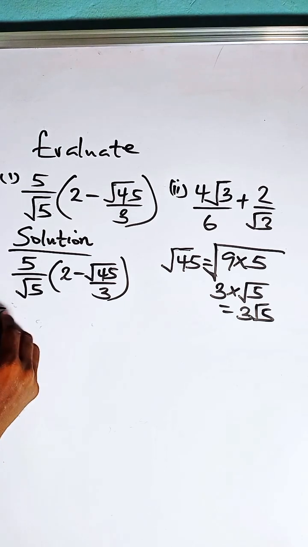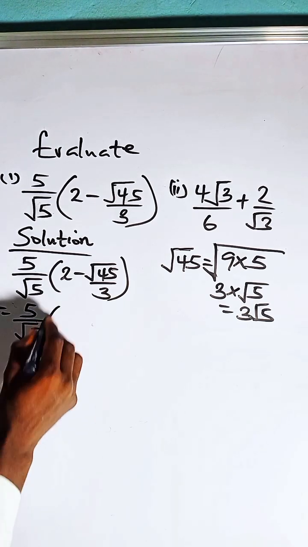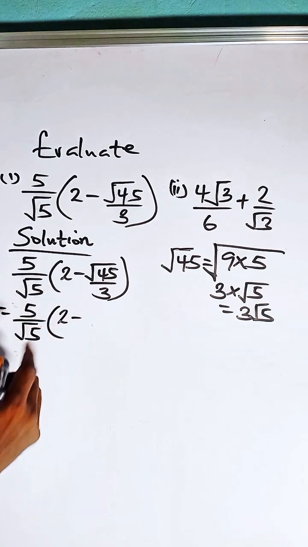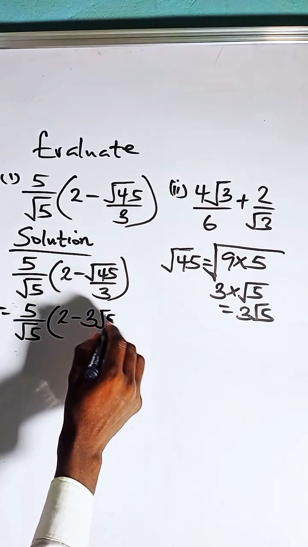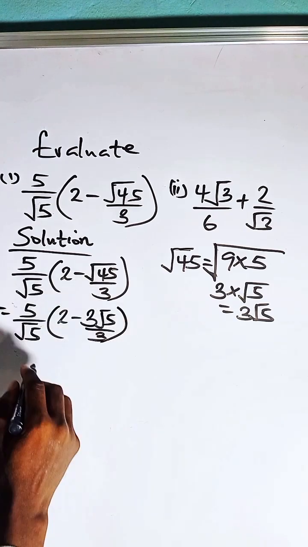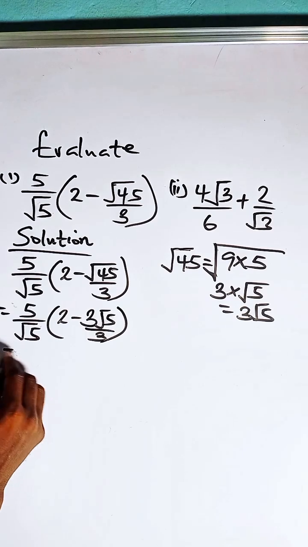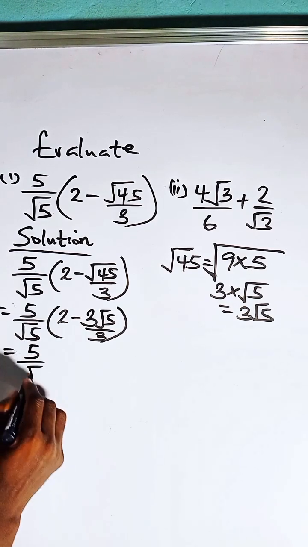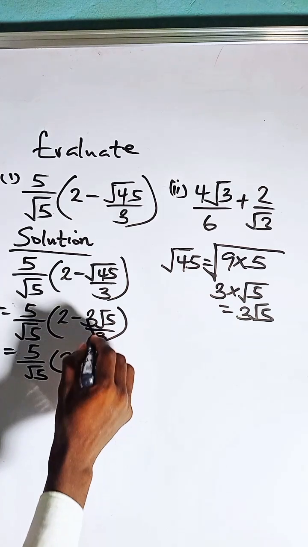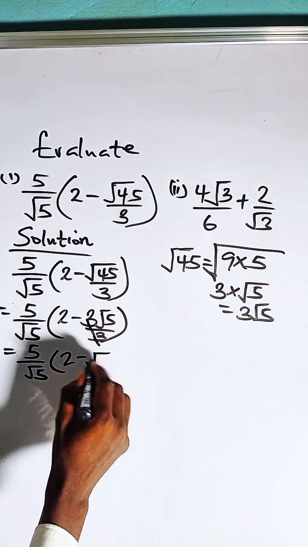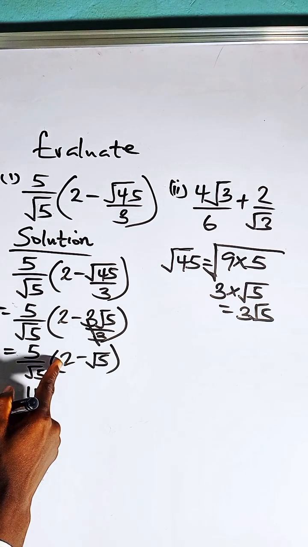So here we have 5 over root 5 into 2 minus, for root 45 we have 3 root 5 over 3. When we look at this, we can simplify the 3s, so we have root 5 multiplying 5 over root 5 times 2.